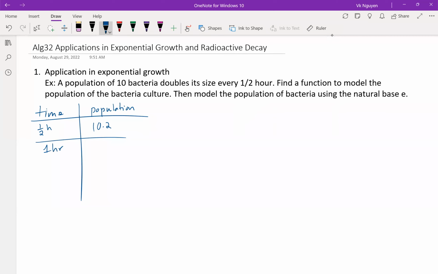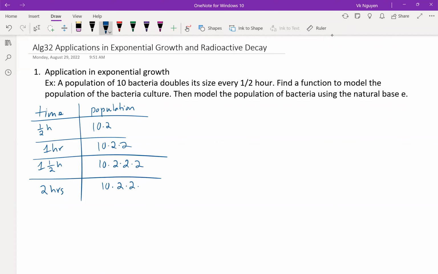After 1 hour, it's going to double again, to 10 times 2 times 2. At 1.5 hours, 10 times 2 times 2 times 2. At 2 hours, 10 times 2 times 2 times 2 times 2.